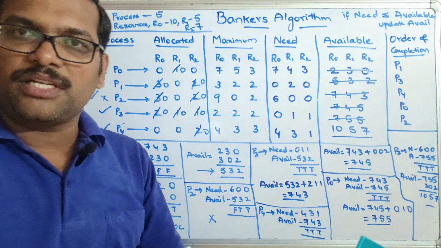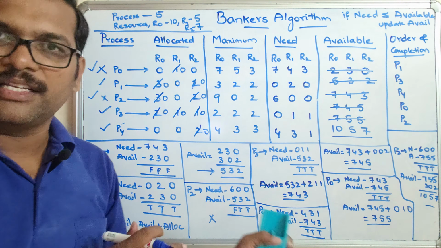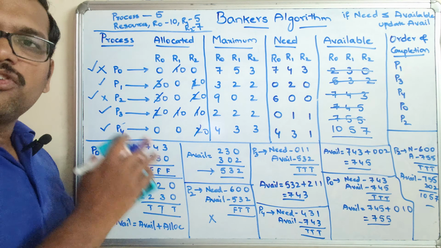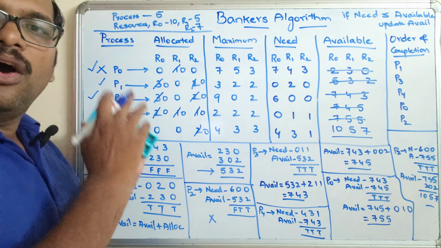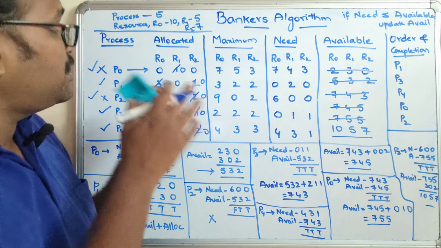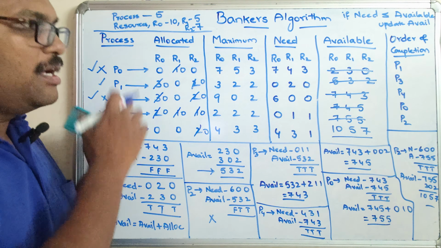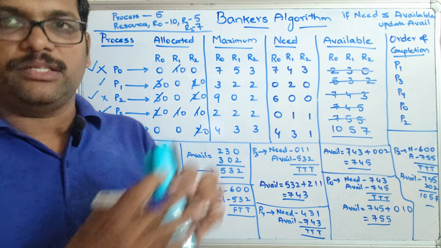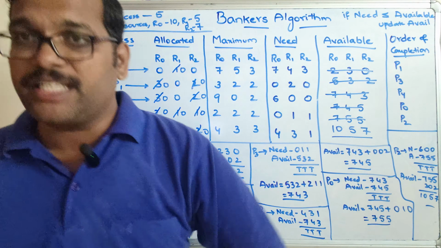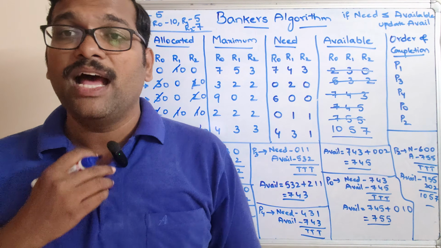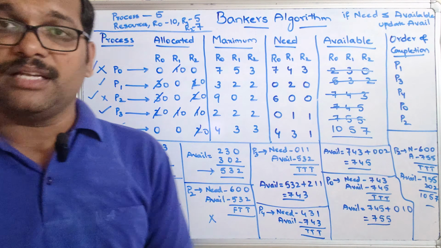to that particular process and let the process complete its execution, and then release all the resources that are already allocated to the process, update the available resources, and repeat the same step for all the processes until all processes complete their execution.